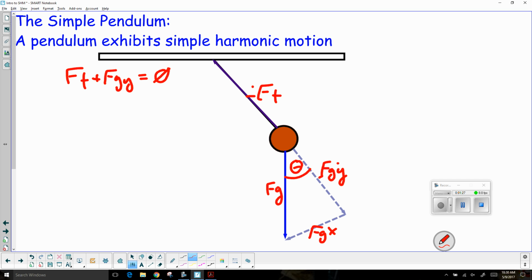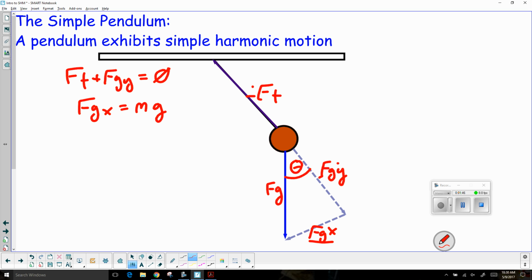I can also say that the only force that's going to be acting upon that pendulum bob is going to be the force of gravity in the x direction. And so I know force of gravity in the x direction is going to be mass times gravity.